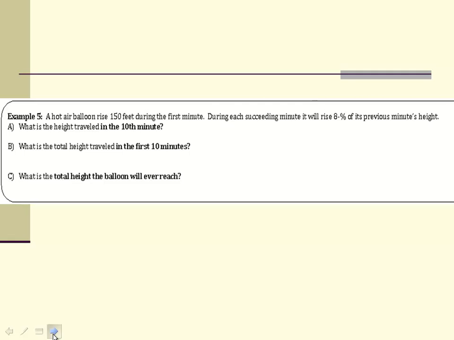Taking a look, a hot air balloon rises 150 feet in the first minute. What did they just tell you? A sub 1. During each succeeding minute, so the next minute, it will rise 8% of its previous height.